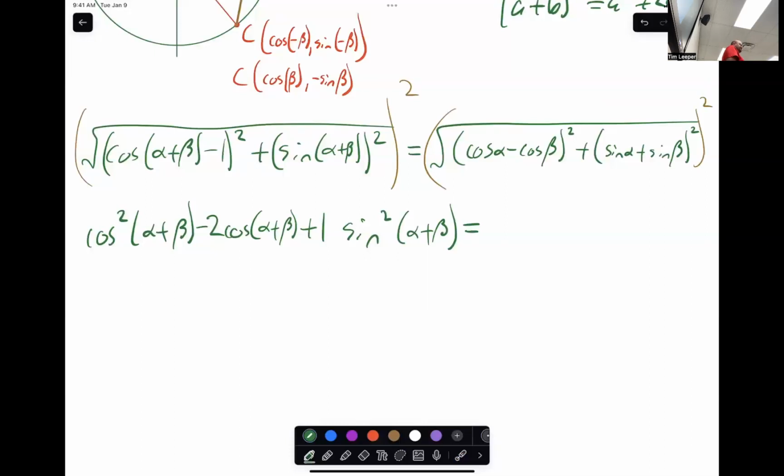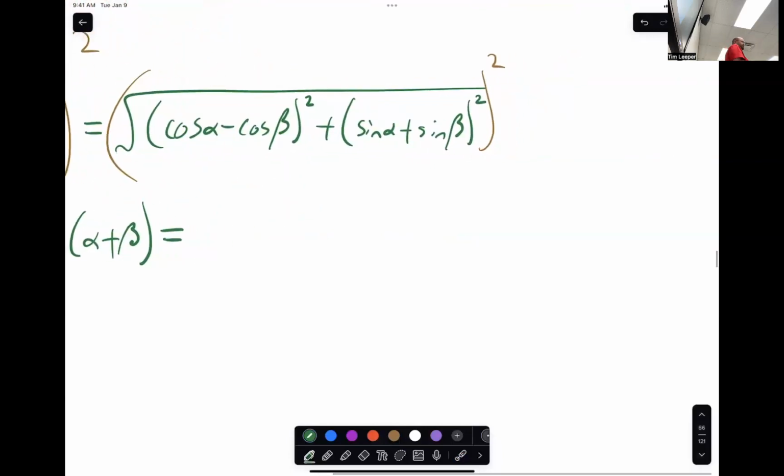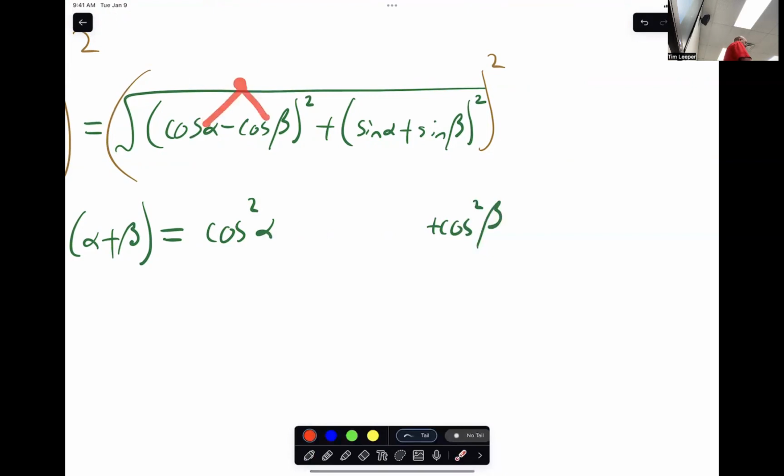Equals, now on the right-hand side, I need to square both of those binomials as well. So cosine alpha minus cosine beta squared, when you square everything, you're going to get cosine squared alpha, leave some space, a decent amount of space, plus cosine squared beta. Then multiply these two things together. What is cosine alpha times negative cosine beta?